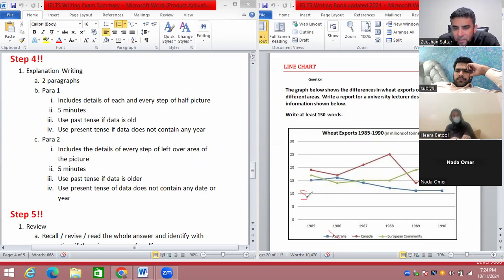In sentence number 1, we will write that the wheat export of Australia was this much in 1985, which slightly went up to an approximate figure of this one, and then was followed by a continuous fall thereafter.